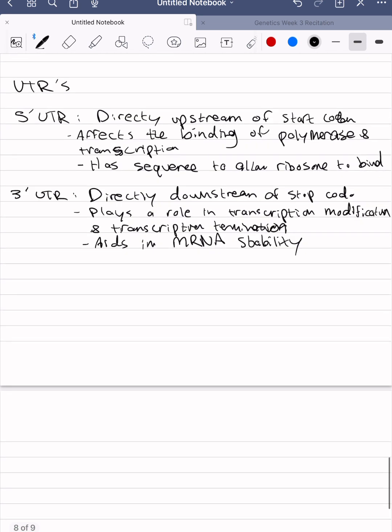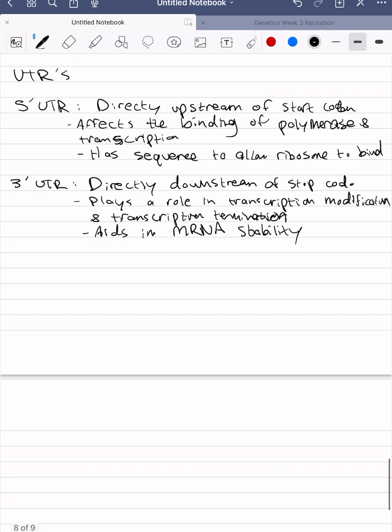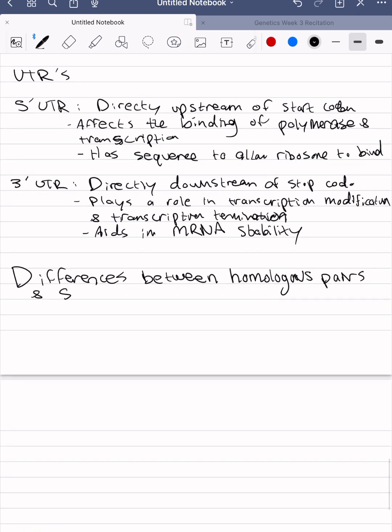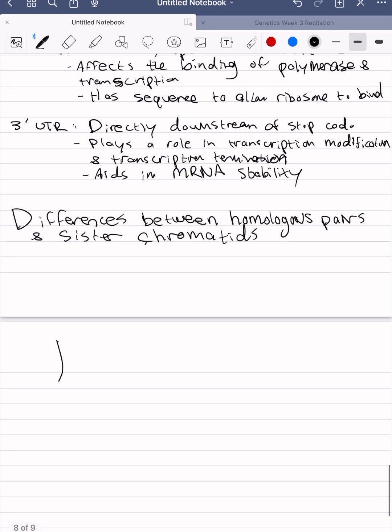All right, now going on to differences between homologous pairs and sister chromatids. Here, I'm going to draw a little diagram of two chromosomes.